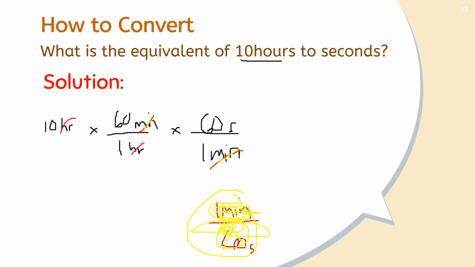So what is 10 times 60 times 60? 60 times 60 is 3,600, times 10 will give you 36,000. Meaning to say there are 36,000 seconds.